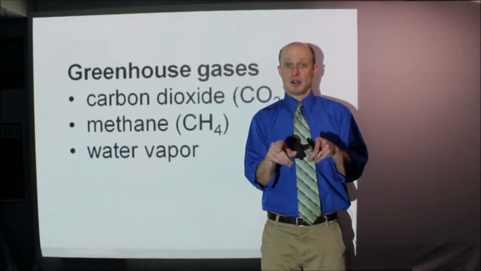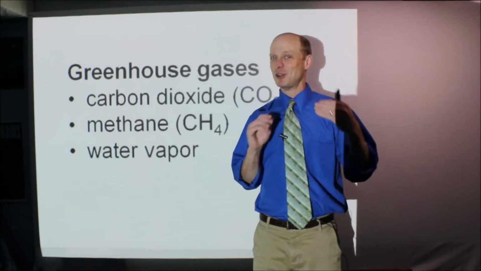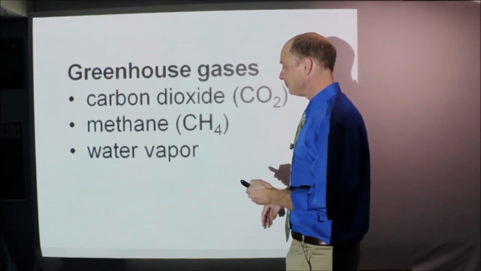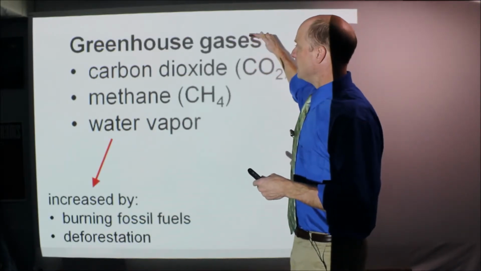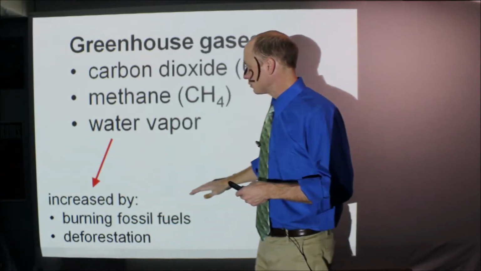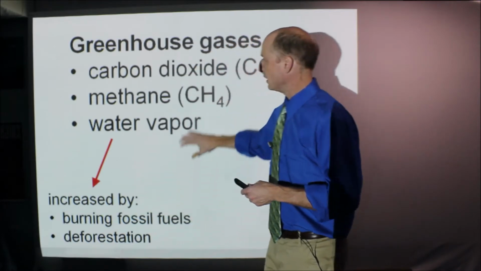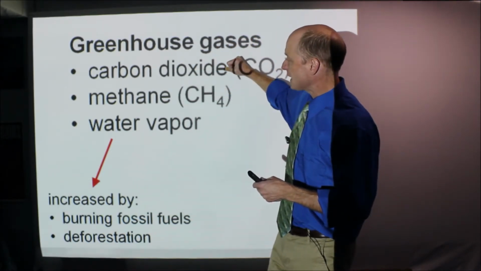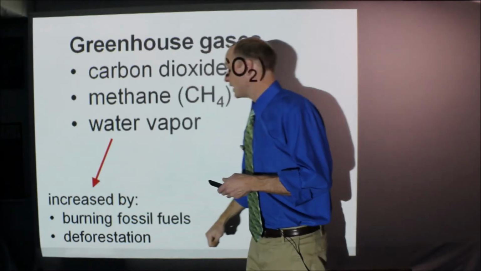Know those, it's important, okay? And this is a big issue in the future, so everyone really wants you and your generation to know this. So basically it goes like this. These three greenhouse gases are increased by burning fossil fuels and deforestation, or at least definitely carbon dioxide is increased by burning fossil fuels and deforestation.